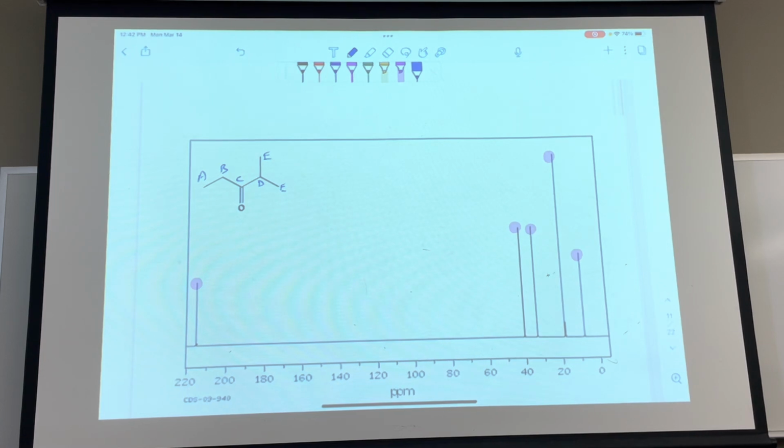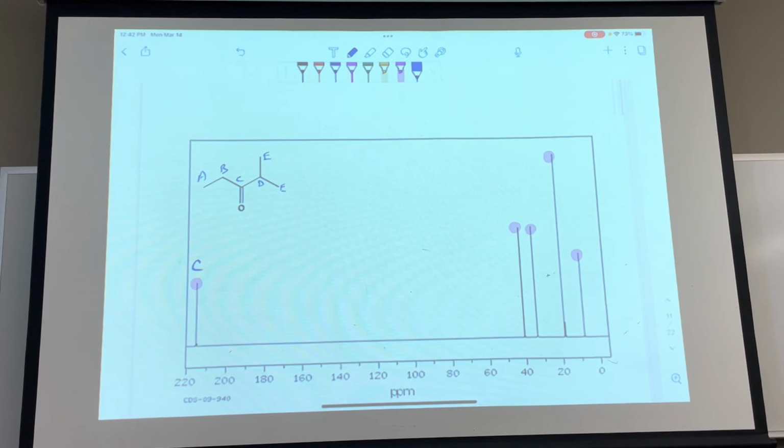I'll go first. This one has got to be C. Right. That is very apparent because the only thing that shows up in that very, very deshielded 200 range and above are the carbonyls of aldehydes and ketones.